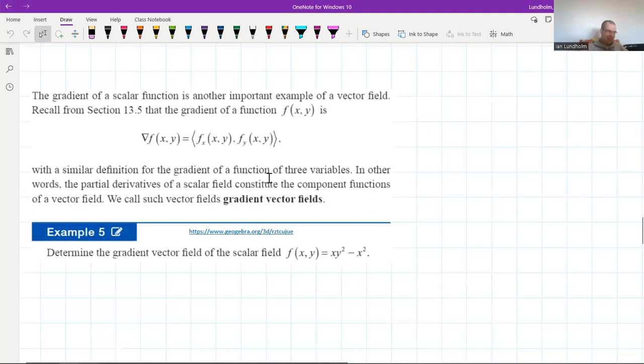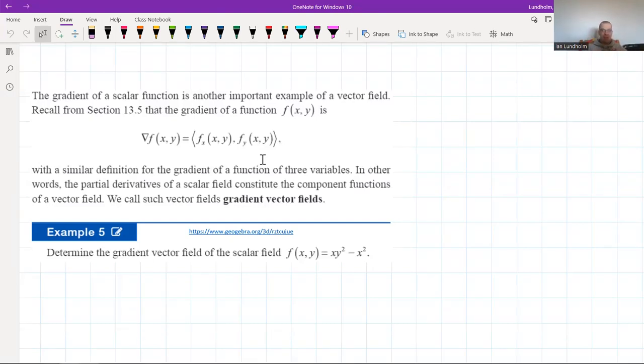Mathematically speaking, here we get to the interesting stuff. Remember that we worked with gradients in this class, and a gradient is a function that can create a vector field because what a gradient does is it takes in two variables and a function f and spits out a partial derivative with respect to x and a partial derivative with respect to y that are components in a 2D vector.